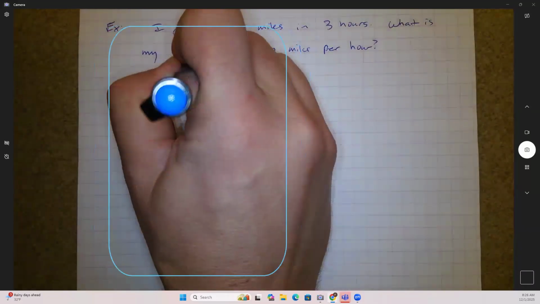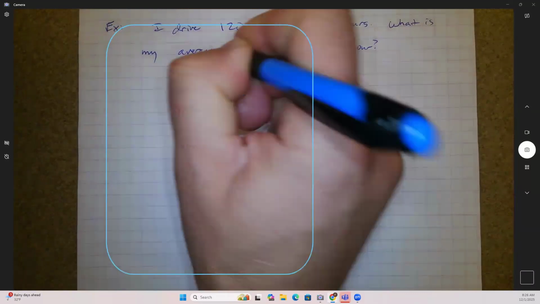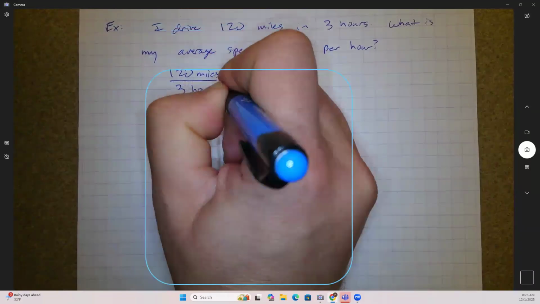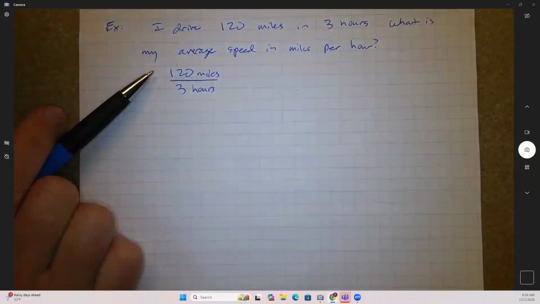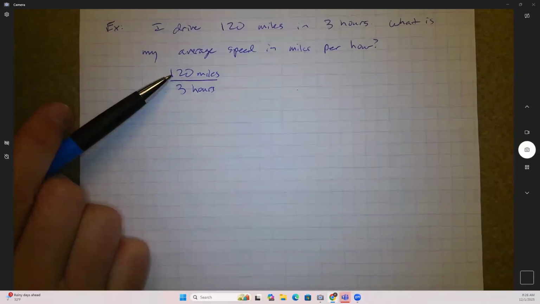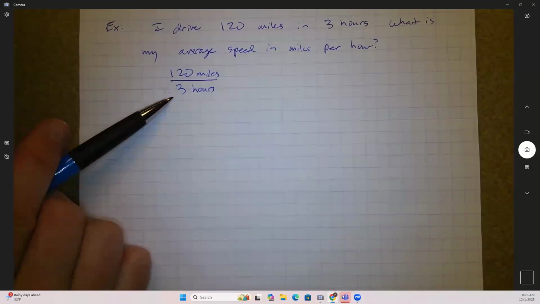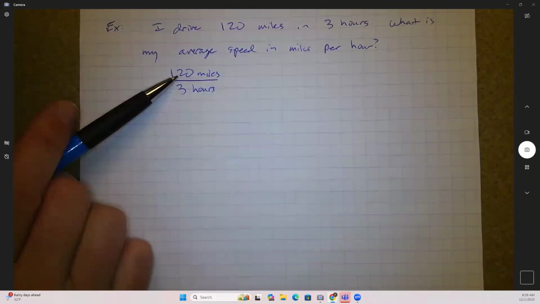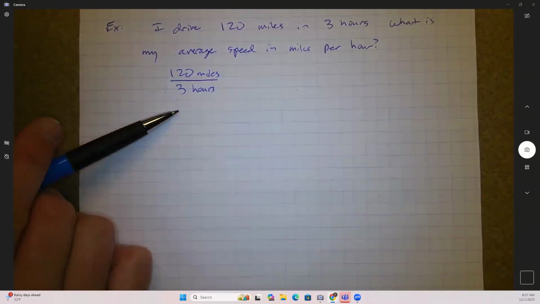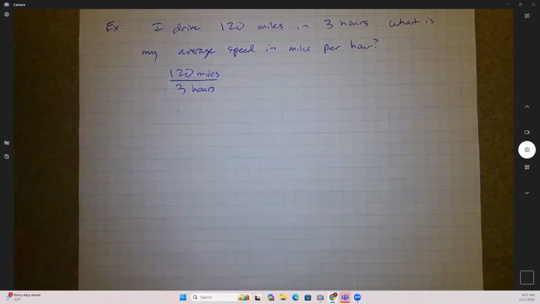So I would take my 120 miles, divide it by my 3 hours, and this hopefully reinforces that a ratio is not just a fraction, it is a numerator and a denominator that both mean something. 120 miles is a very real thing, and 3 hours is a very real thing.